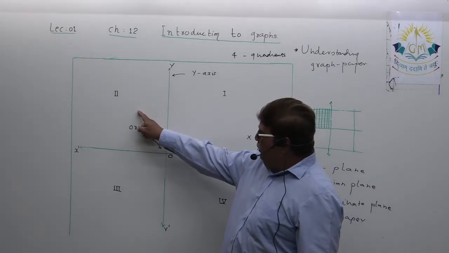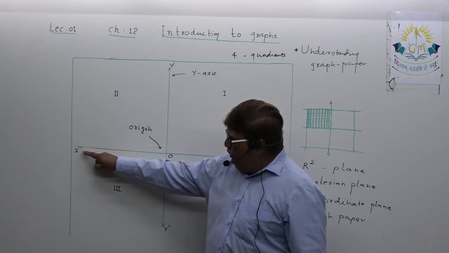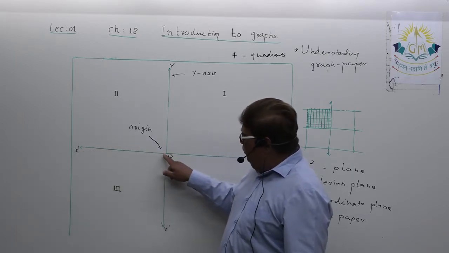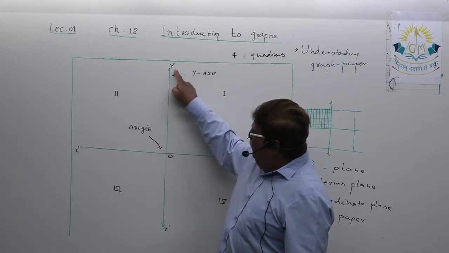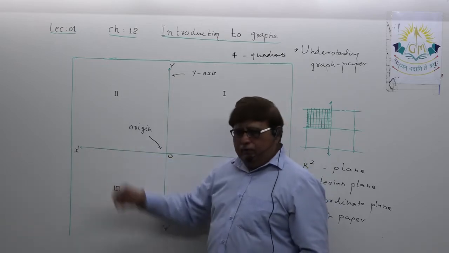Second quadrant is the interior of which angle? Angle X dash O Y or Y O X dash.